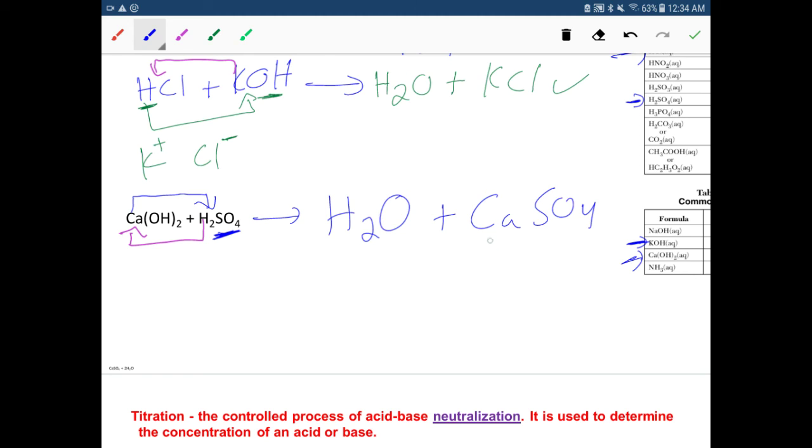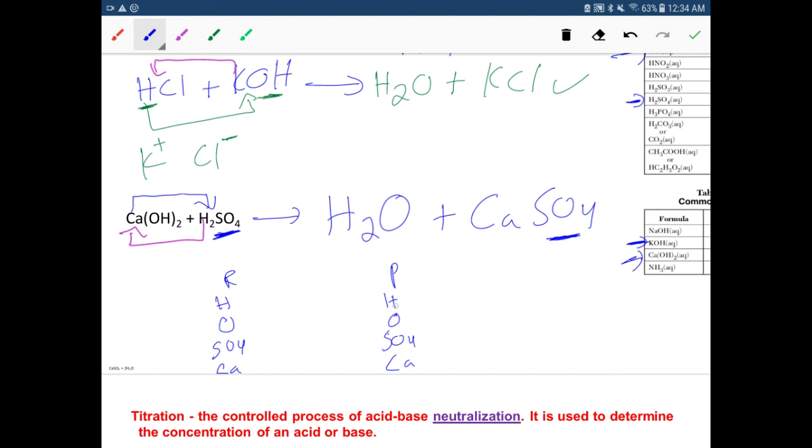Also remember that for the polyatomic ion, you're going to count it as 1 unit, because you don't count S as a different element and oxygen as a different element. SO4 is going to be 1 unit. So let's count. In the reactants, we have hydrogen, oxygen, SO4, Ca. In the products we have hydrogen, oxygen, SO4, Ca.